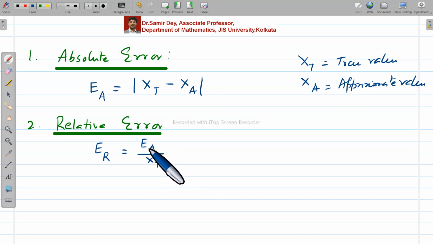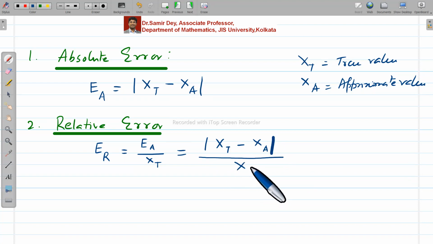That is, when you divide your absolute error by the true value, that will give you the relative error. Means what? Formula wise, XT minus XA, whole divided by XT. Is it clear formula? Okay. So relative error is equal to absolute error divided by true value.